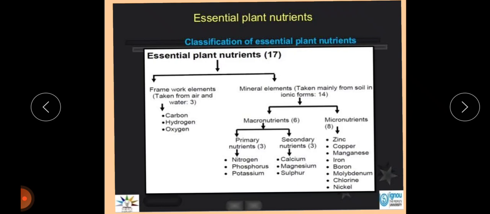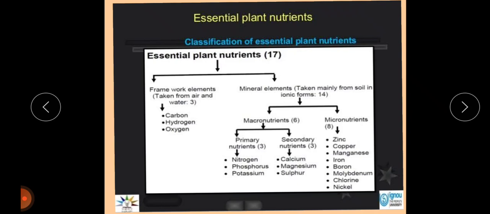Carbon and oxygen together contribute almost 45% of the total dry matter, hydrogen contains almost 6%, and the remaining 4% is all mineral nutrients, basically 14 different mineral nutrients taken up from soil by root absorption.